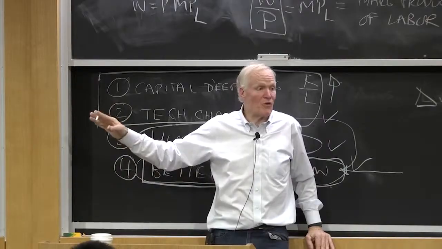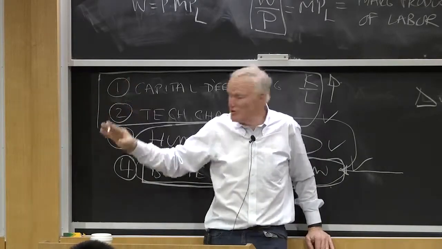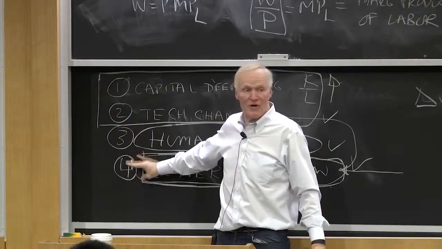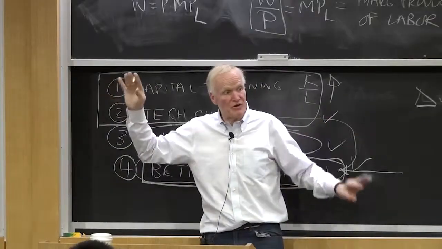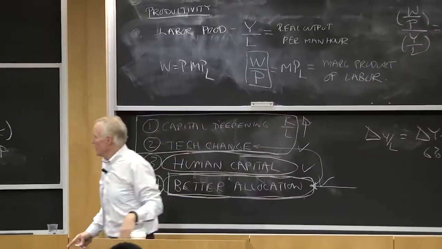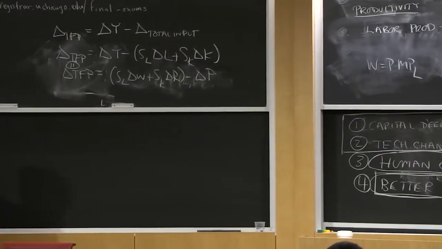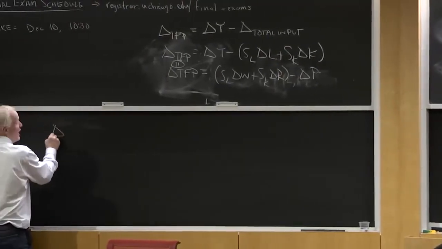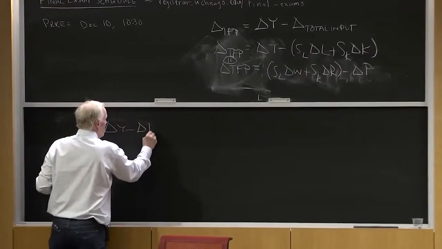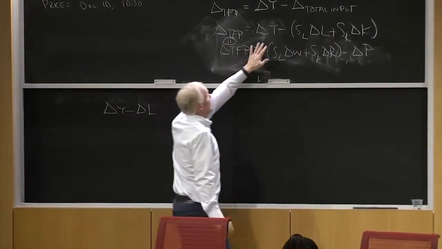I just want to think about a world that only has 1 and 2. So I want to assume, for the moment, 3 and 4 aren't happening. The world is being driven only by 1 and 2. Now you can rewrite this equation a couple ways. It is delta Y minus delta L on this side.